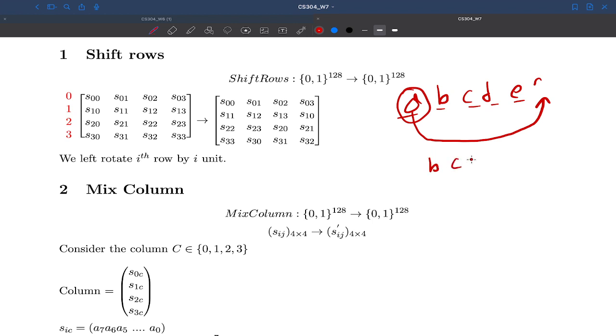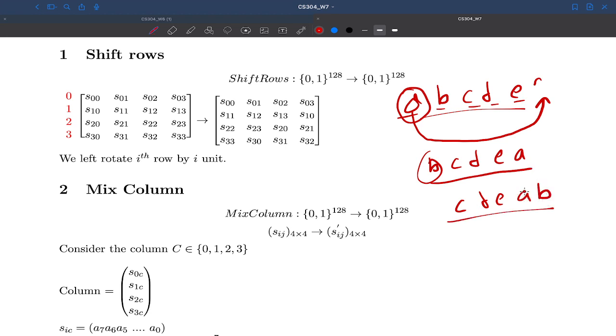It will be B, C, D, A. This order we get by left rotating my row by 1 unit. Now if I rotate it again, I'll get C, D, A, B, so B comes at the last position. This order I get by 2 unit rotation in the left direction.